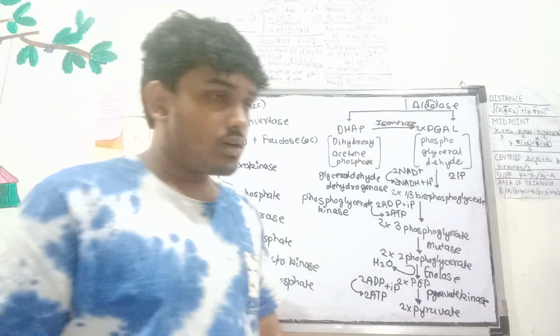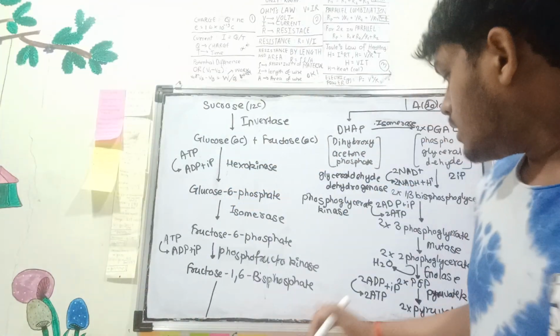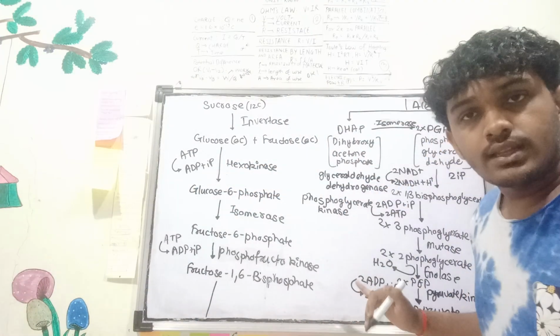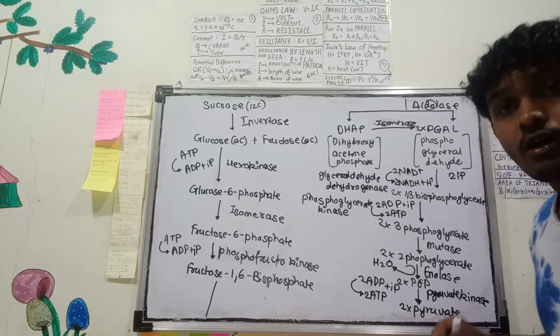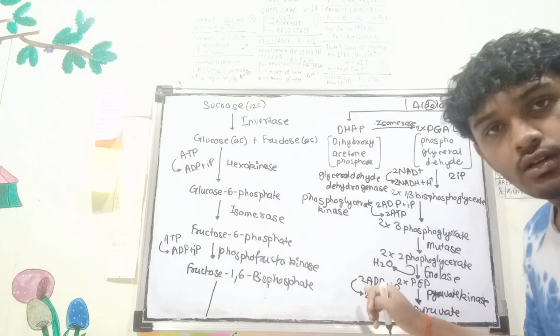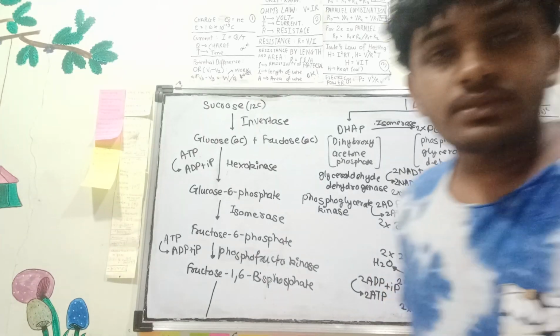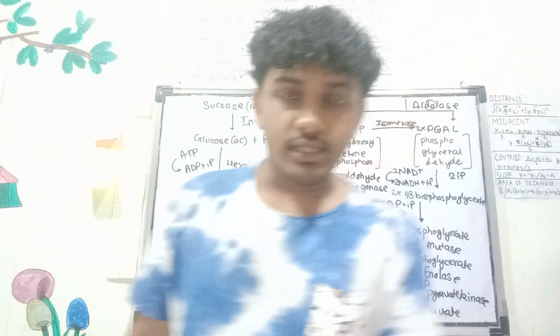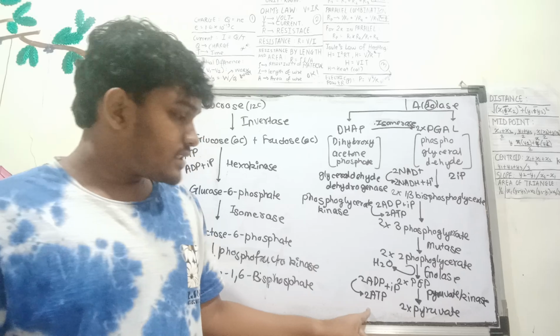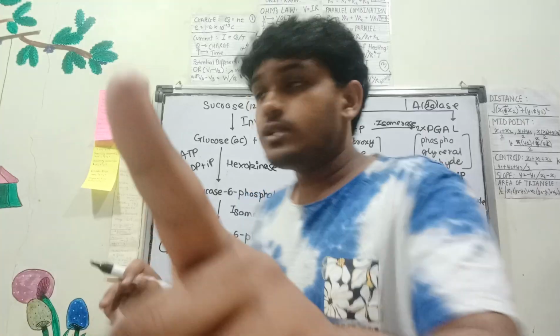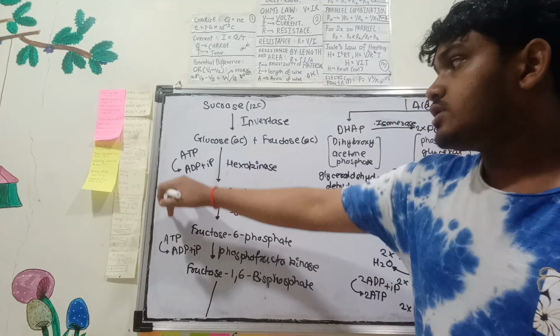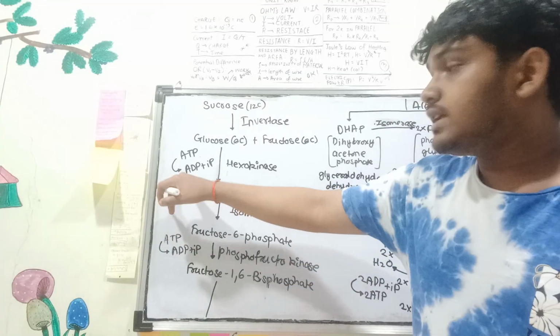I would like to mention one more thing, that whenever ATP is formed in the reaction, it is known as substrate level phosphorylation. I'm saying ATP is formed, not ATP is involved. ATP is also involved in this reaction, but here ATP is utilized.